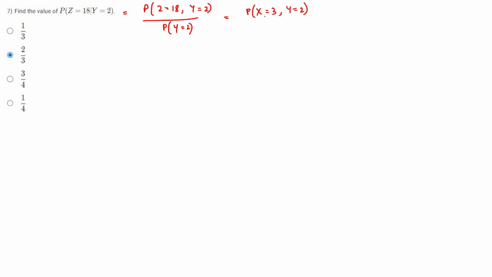Remember that we get 18 whenever we have x equal to 3 and y equal to 2, since 3 square into 2 is 18. Divided by p of y is equal to 2, that is 4 by 20 divided by 6 by 20, which is 4 by 6, and that is equal to 2 by 3.